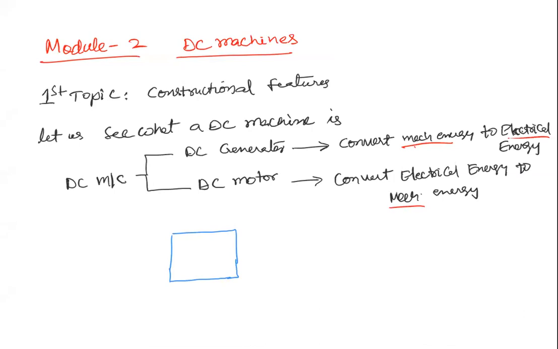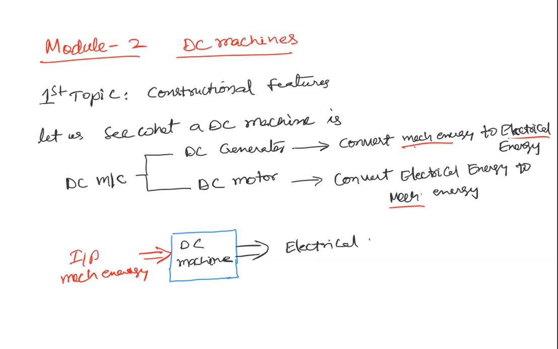So this is a DC machine, right? If the input is a mechanical energy, if we give input mechanical energy, it will give you electrical energy as output. So this is output. Okay.